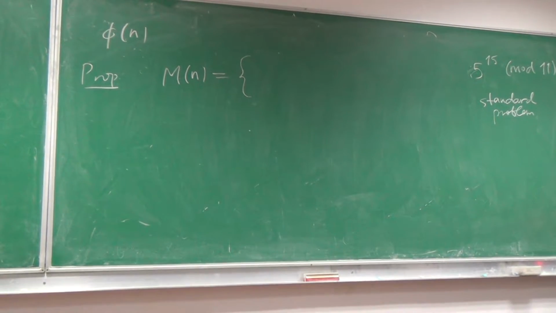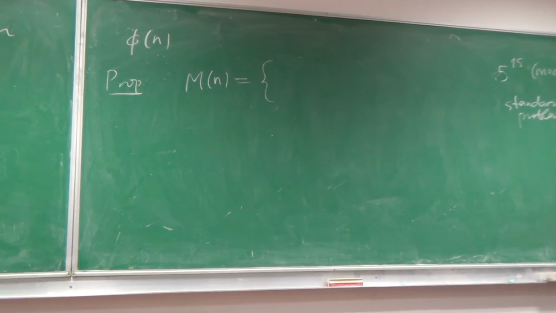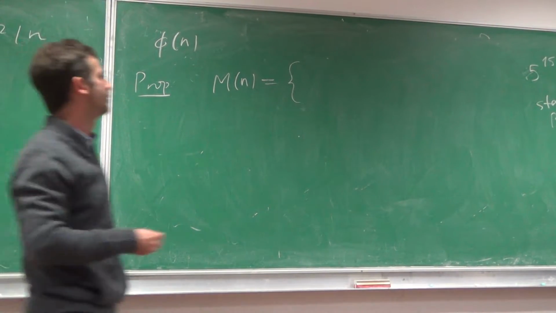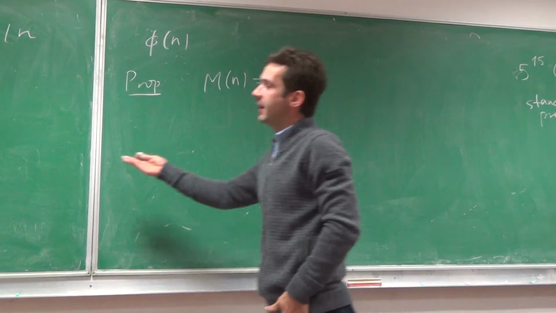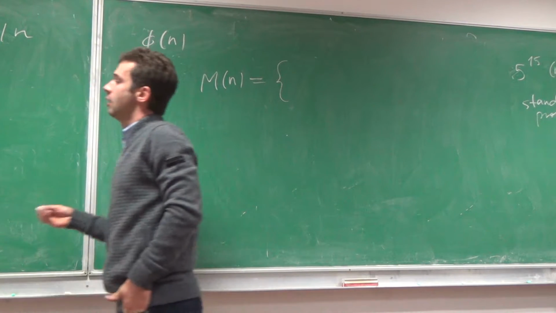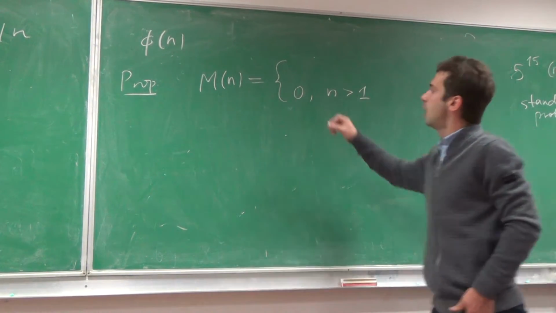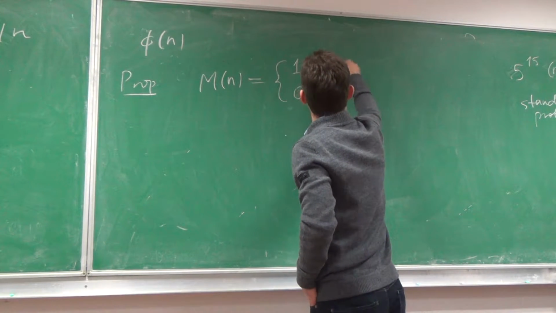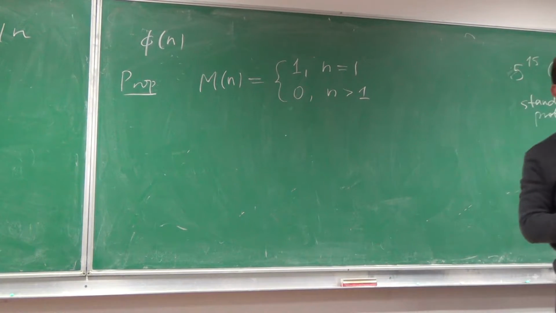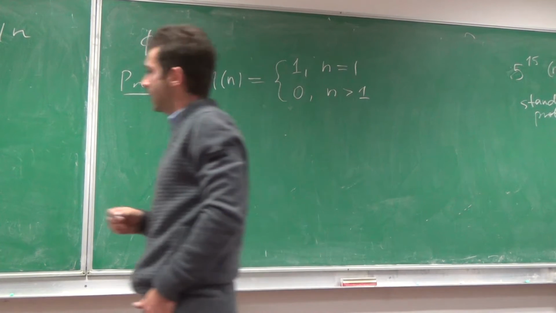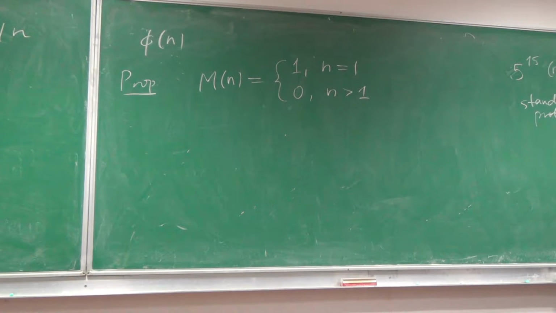Basically, by controlling these values, we also control the summation over divisors values. And the answer is, it will basically always be 0. So it's 0 for all n bigger than 1, and it's 1 when n is equal to 1. Just like this.